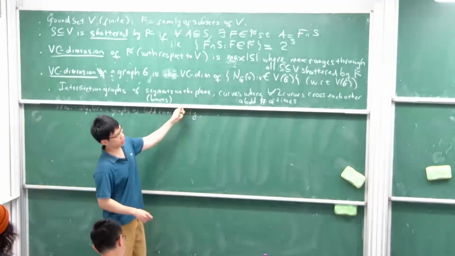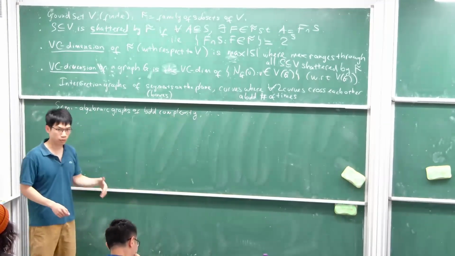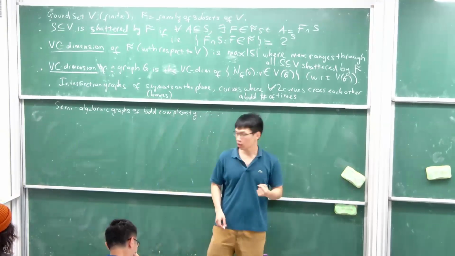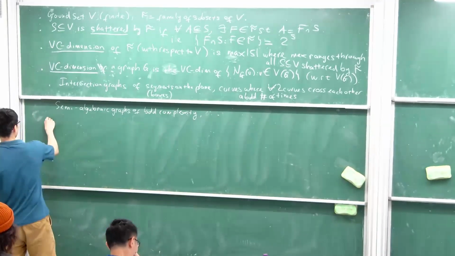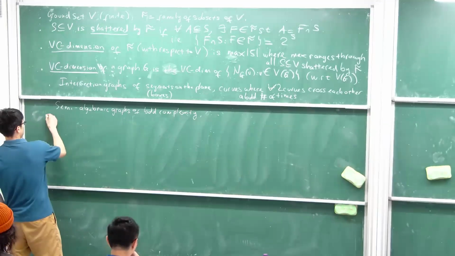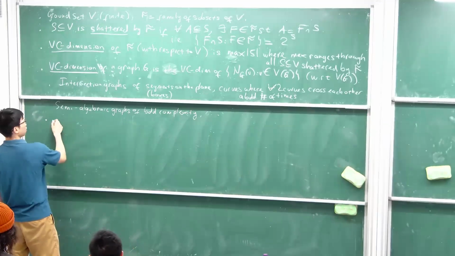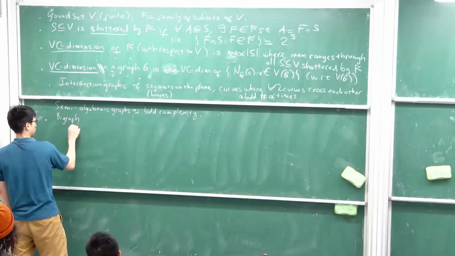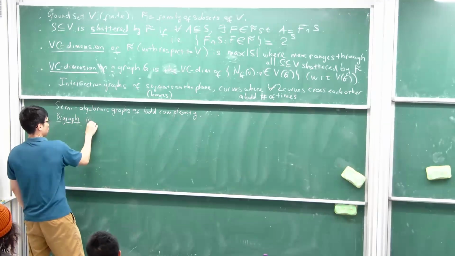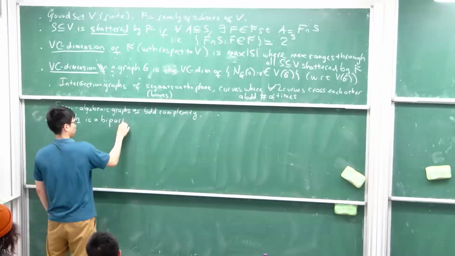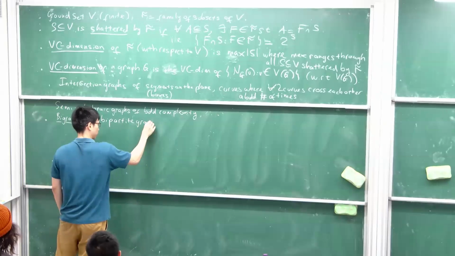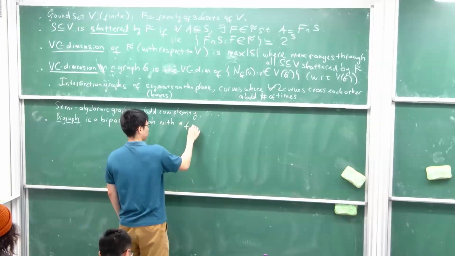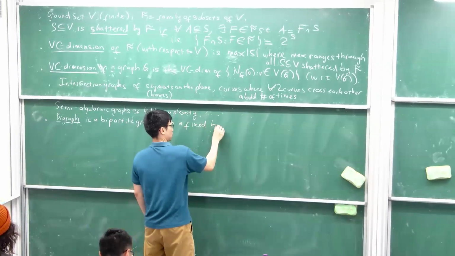But in fact, there are a couple of ways to define the VC dimension of a graph using just graph-theoretic notions only. One of them is the concept of bigraphs and induced copies of a given bigraph in a big graph. So let me say a bigraph is a graph with a fixed partition.